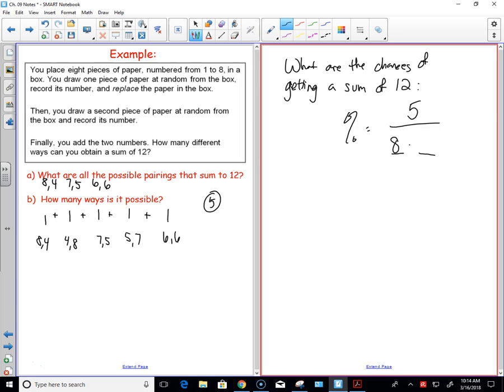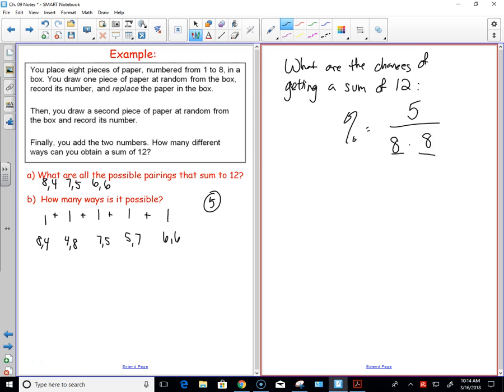What did I do a second ago where I was starting to get you guys thinking about how many different possible draws there were? I took the 1 and I said he could go with 1, 2, 3, 4, 5, 6, 7, or 8. 2 could go with 1, 2, 3, 4, 5, 6, 7, or 8. 3 could go with 1, 2, 3, 4, 5. Hey, wait a minute. So you have 8 choices for the first, and you have 8 choices for the second.